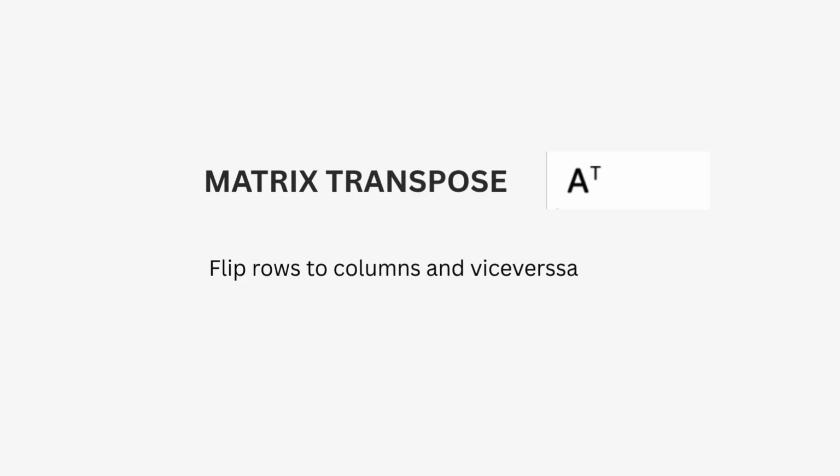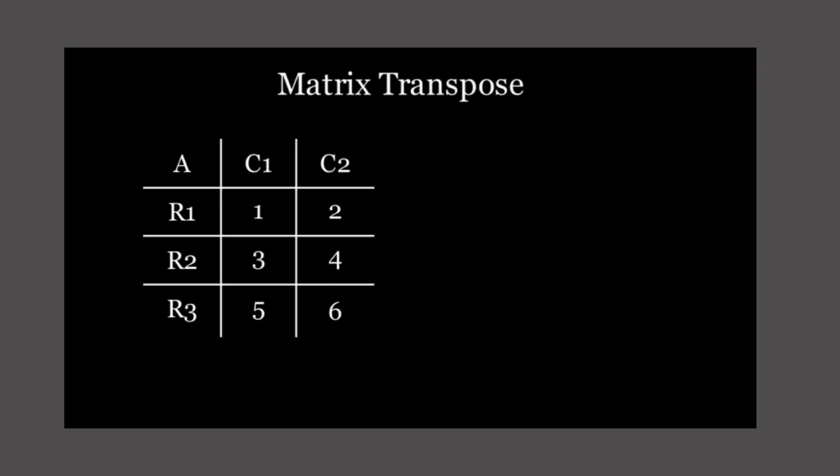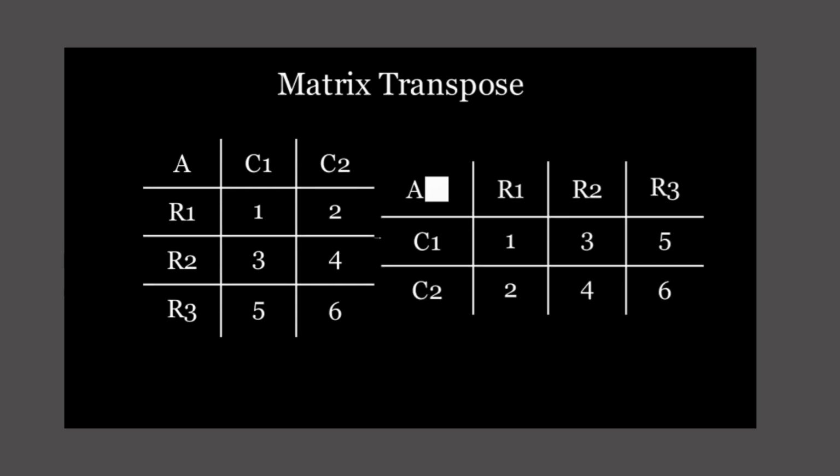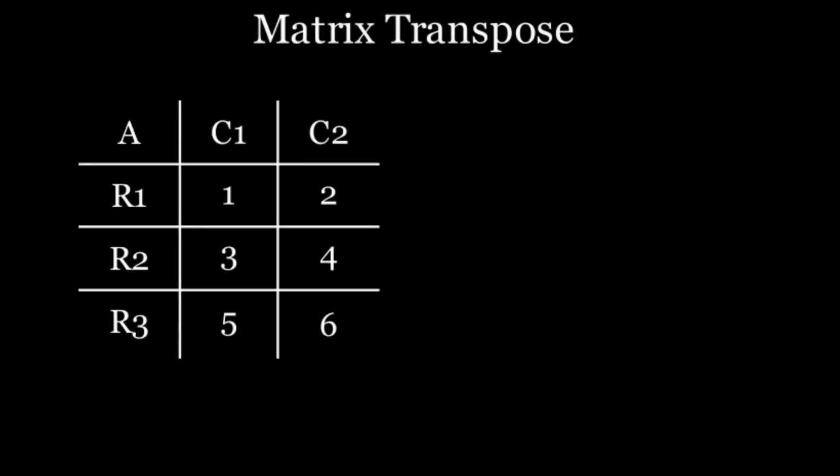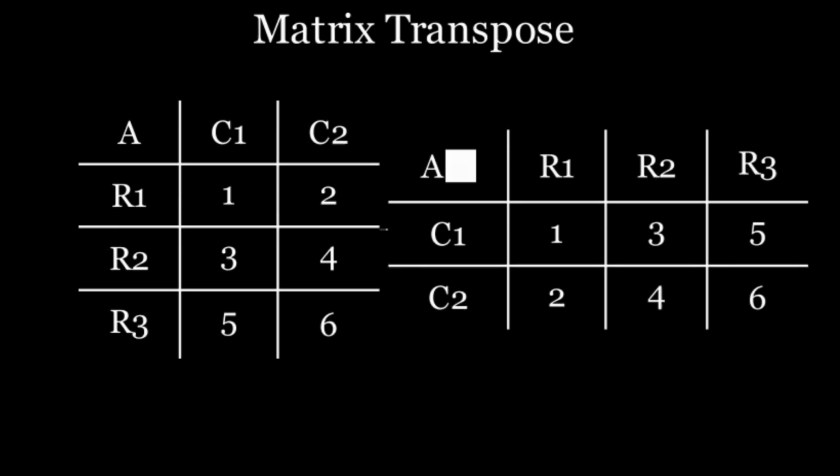Now, I want you to understand what the transpose of a matrix is. I'll tell you when this is really important. But let's say A is a matrix of shape m x n, that means m rows and n columns. The transpose of A, represented as A superscript T, flips its rows into columns and vice versa.